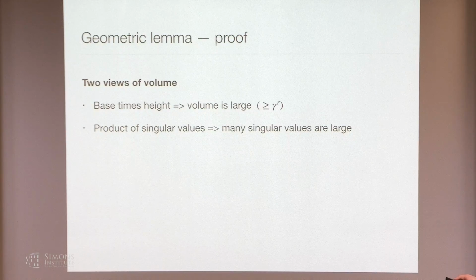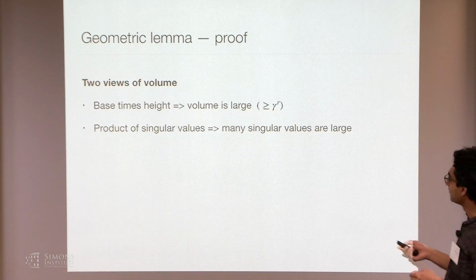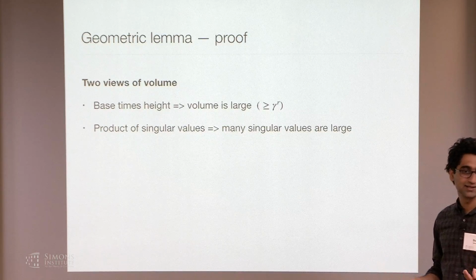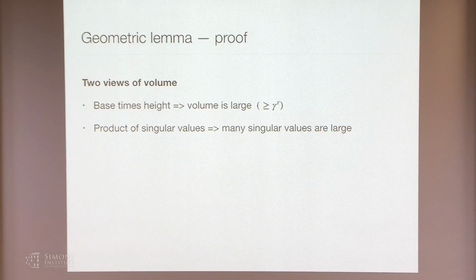So if you use the base times height formula for the volume inductively, you get that the volume is at least gamma to the r. Then you use the fact that the volume is also the product of singular values, and this is why this sigma max comes into the picture. So you have one big singular value contributing all the volume. This is roughly the proof of this lemma.